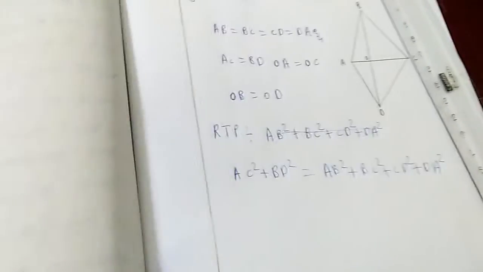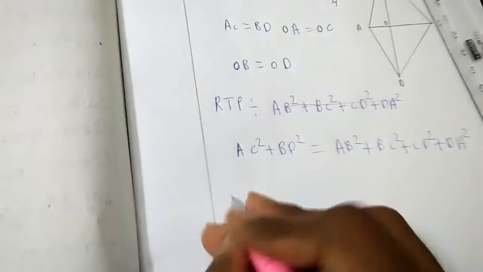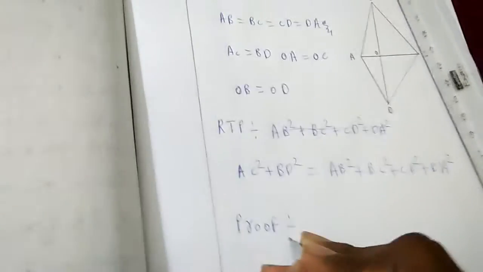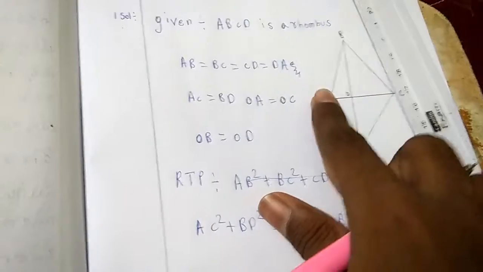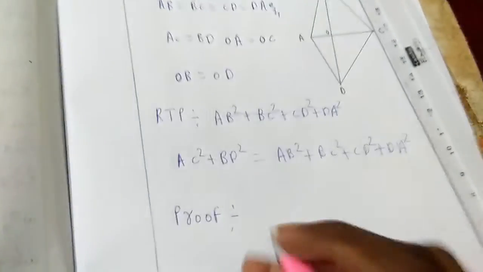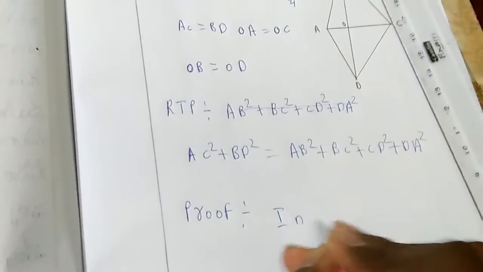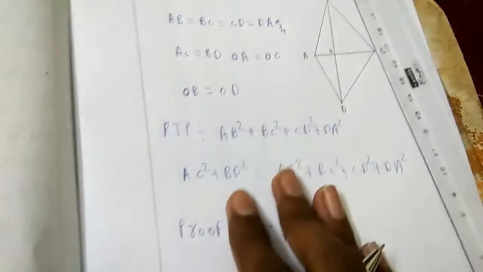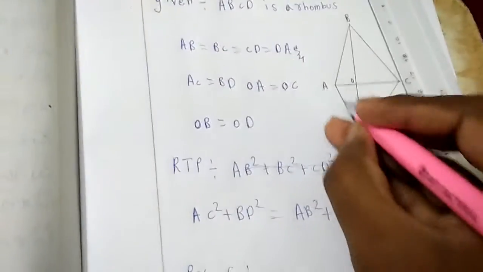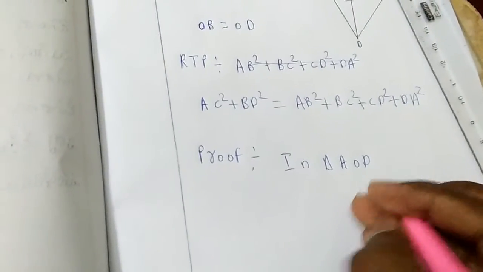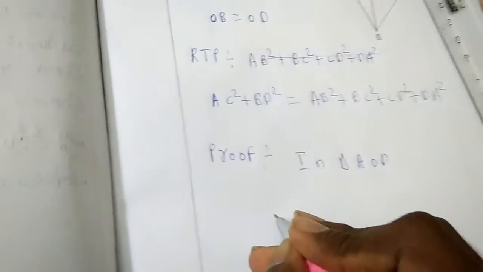So now, coming to the proof. Now take triangle AOD. In triangle AOD, all these are right angle triangles.